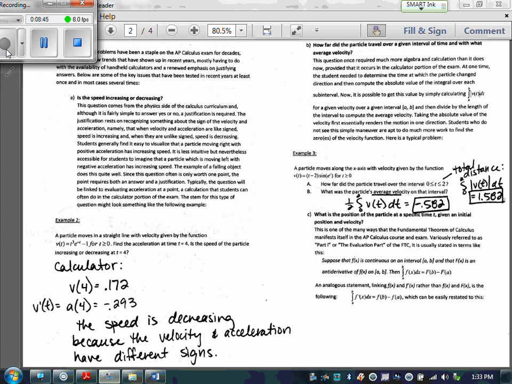Has it gone positive and negative and positive and negative, and what's the total distance? So when I do total distance, I have to integrate the absolute value of velocity from 0 to 2. So then what if they gave me the position function and asked me to find the total distance?